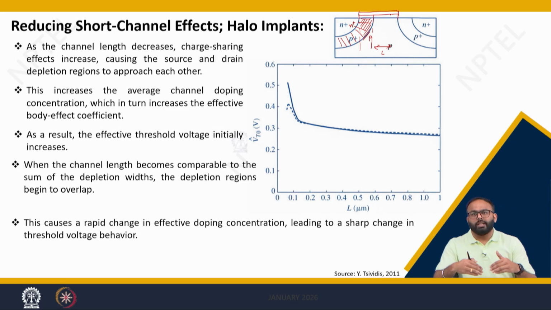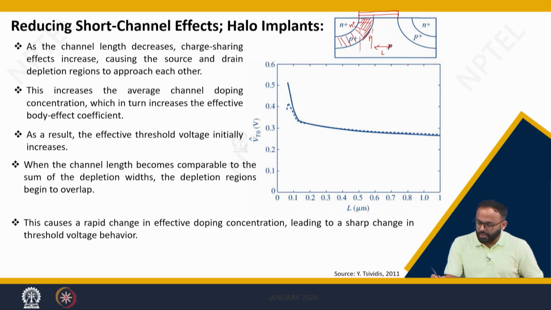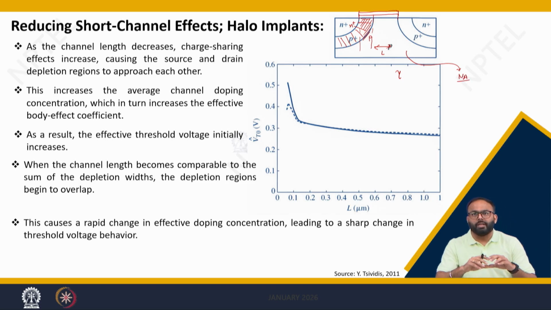Now to increase the threshold voltage, you need to increase gamma, or increase the body doping. One solution is to increase the substrate doping, but if I increase the substrate doping everywhere, then the body effect coefficient of the device will increase.